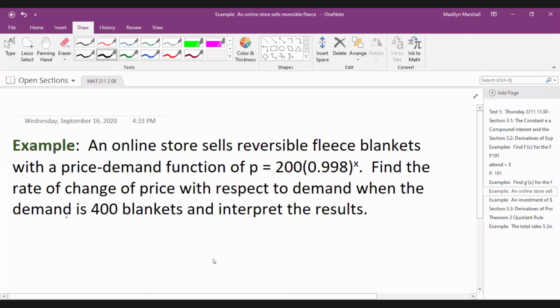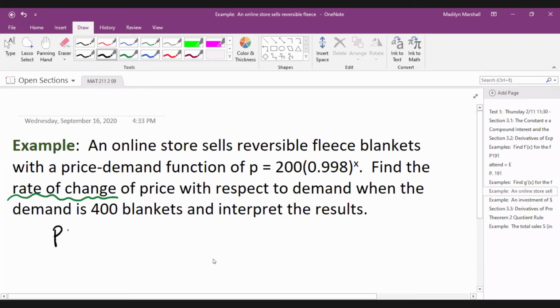So we want to find the rate of change of price. Anytime we see the phrase rate of change, we should automatically think derivative with respect to demand, when the demand is 400 blankets.